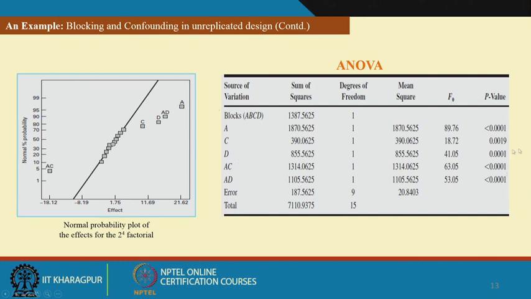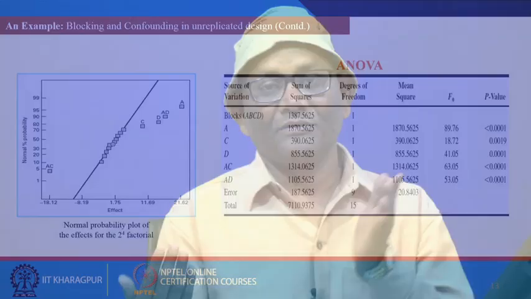Doing this, you are getting very high F values, and all these effects are significant. Now, you can say that in this particular case ACD, AC and AD are significant parameters, and if you want to do subsequent analysis, those things are to be taken into consideration.